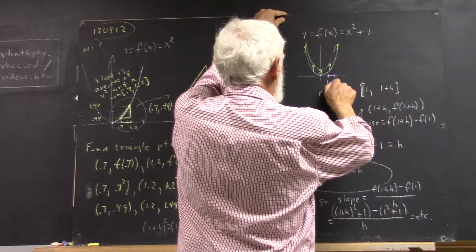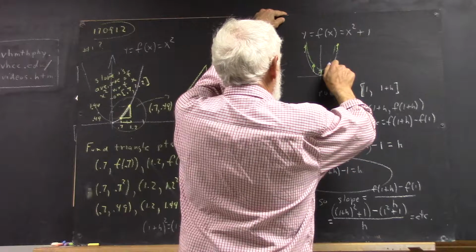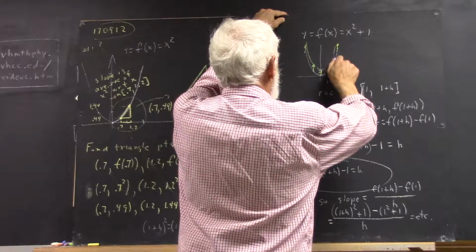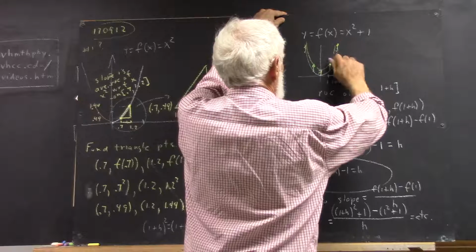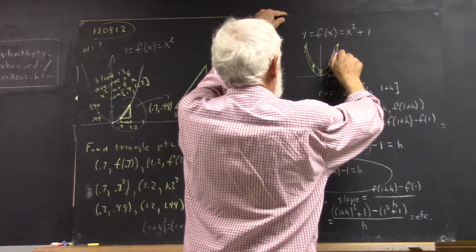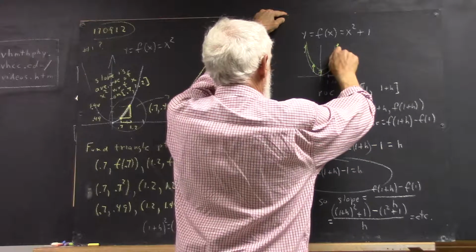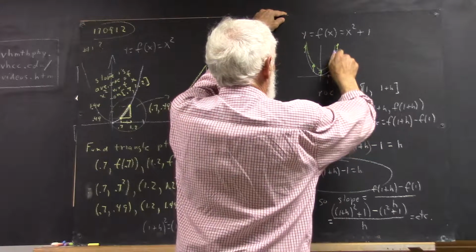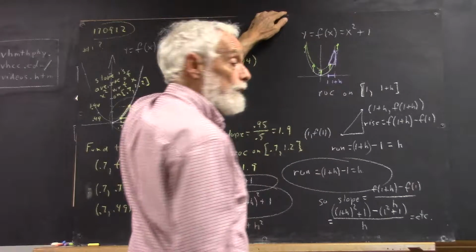Here's 1 plus h. So on this graph, the two graph points will be here and here, so the segment joining them is here, and the fundamental triangle is going to look much like this. Okay.